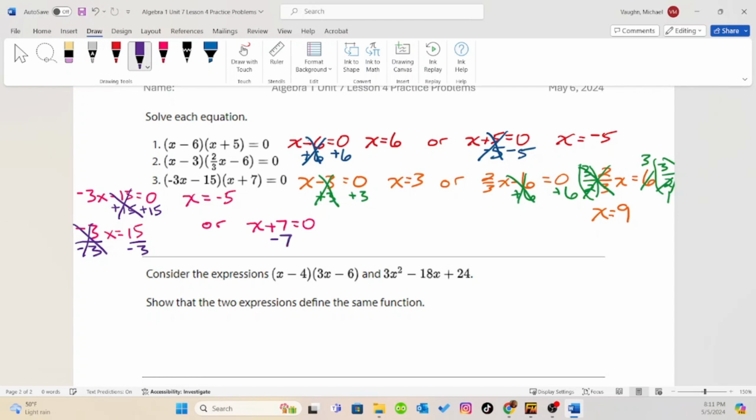We subtract 7 from both sides to eliminate it on the left, and we get x equals negative 7. So in every instance, we are taking the factors, setting them equal to 0, and solving for x.